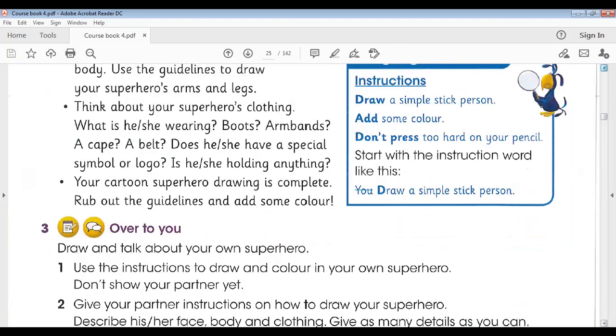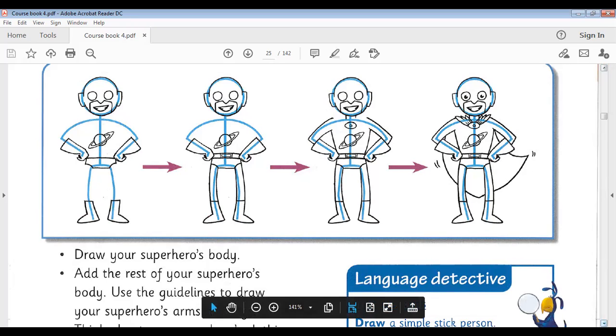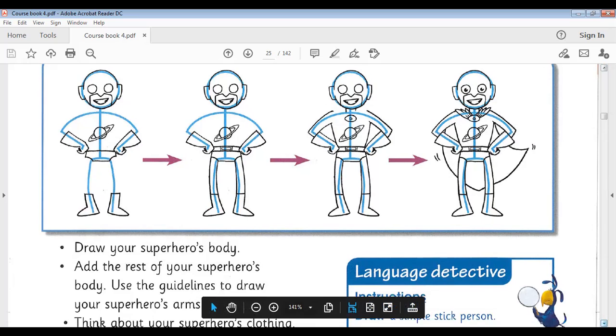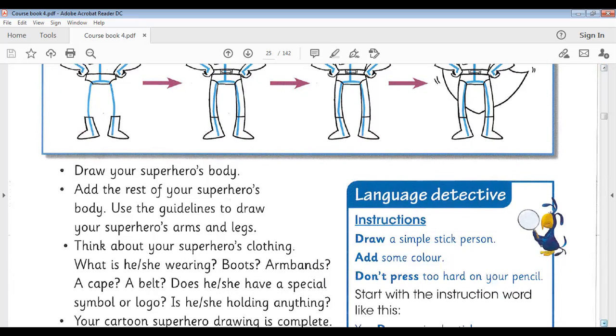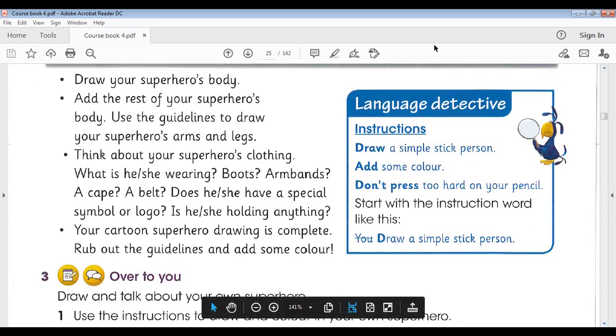After that, draw the superhero's body, costume, clothes, boots, and belts, then the body structure, then rub out the guidelines and color your superhero. We discussed these instructions step by step.